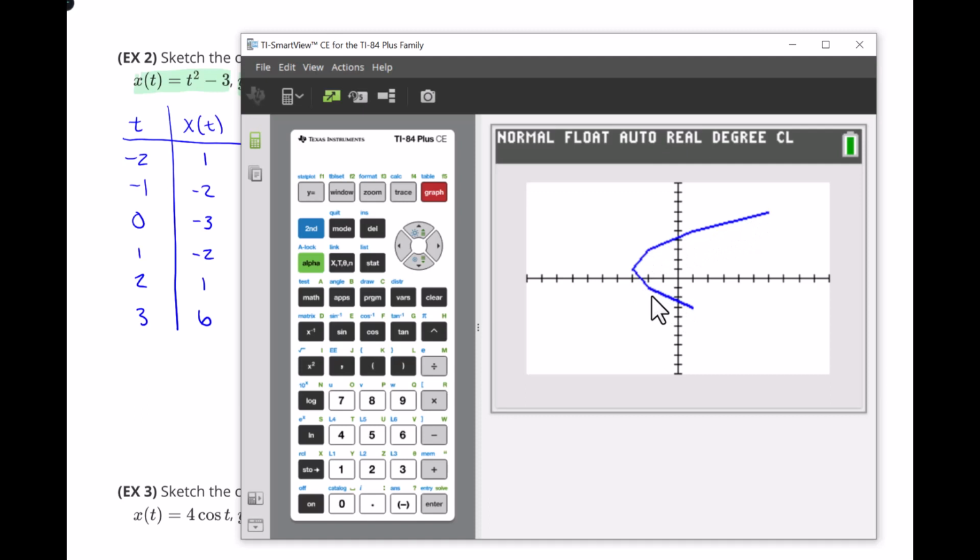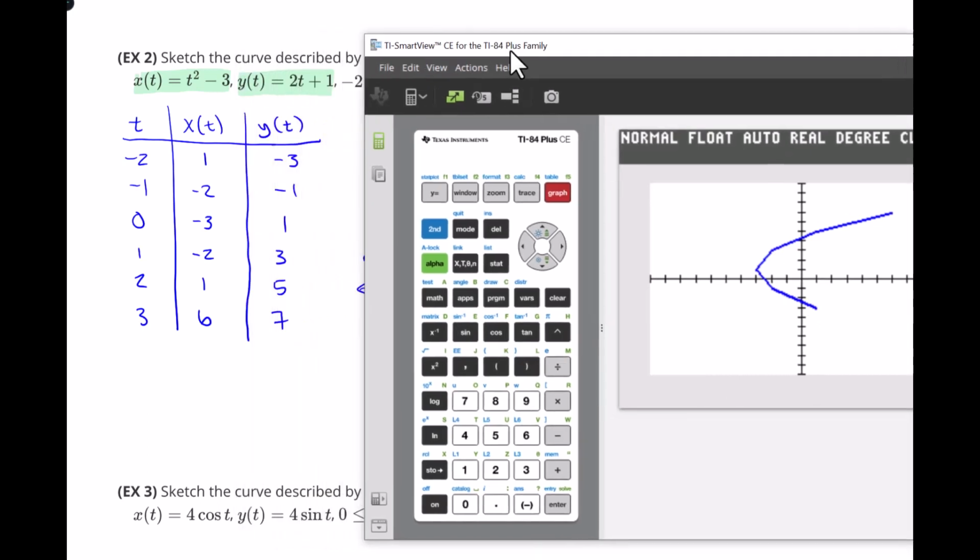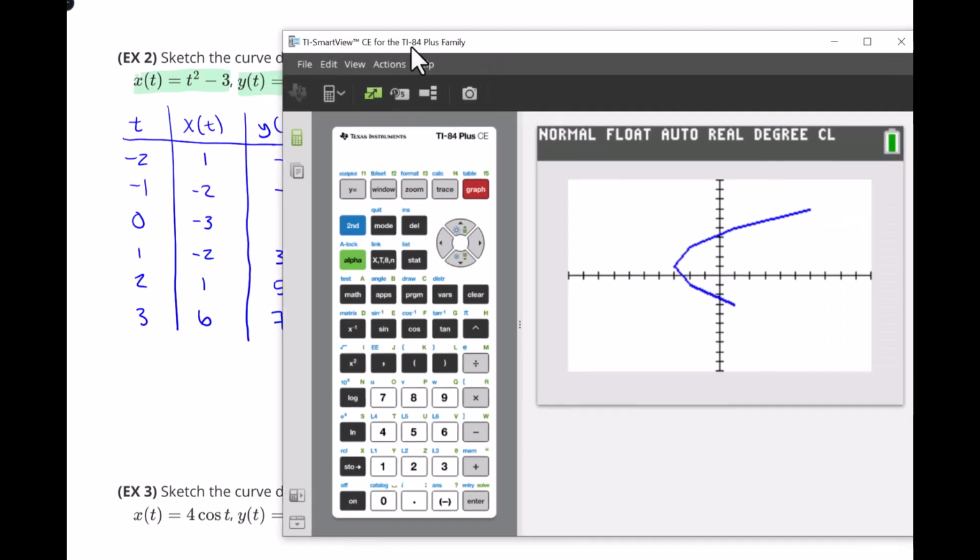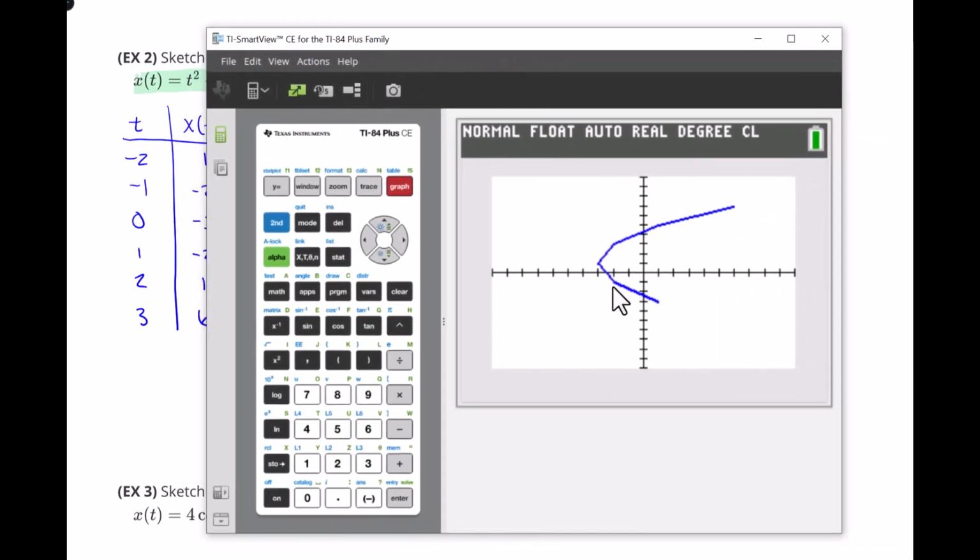It's just because I'm using fewer sample points along the curve, it looks a little more blocky, because what the calculator does is exactly what we're doing here, but every time it plots a point, it just simply plays connect the dots in order to plot one point and then the next, and then it connects those 2 points with a line. And it keeps doing that throughout. So the more sample points you use, the better graph you're going to get, but it's a trade-off in terms of the calculation time.